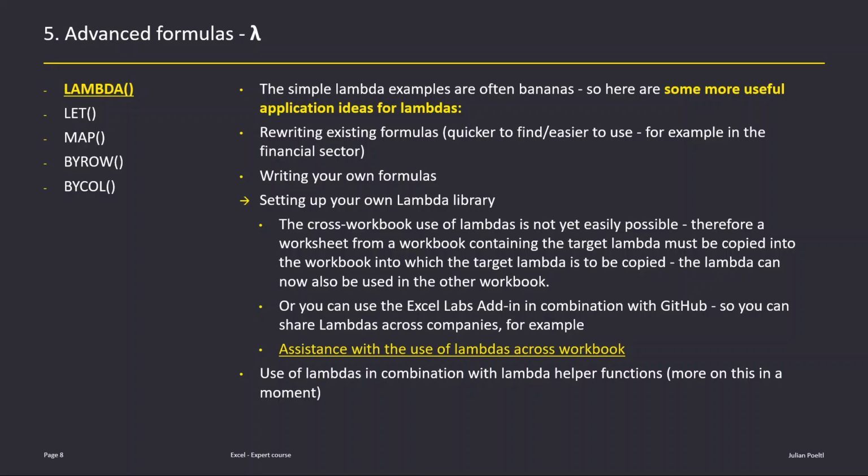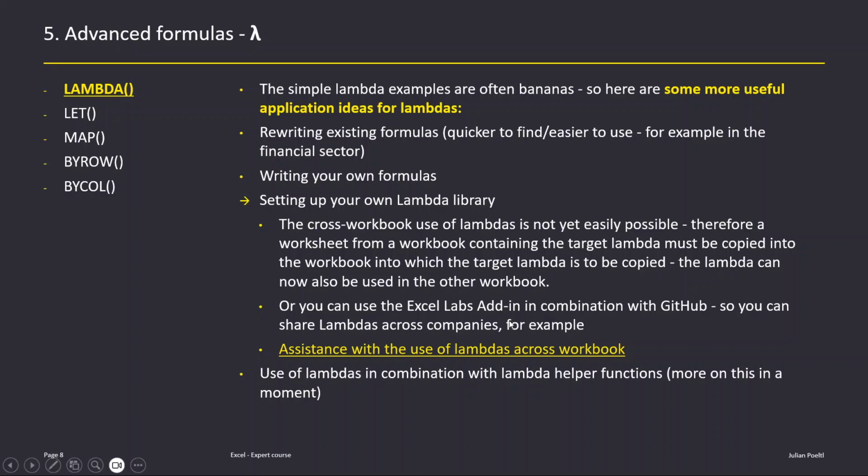But there isn't currently a thing to share them easily and to also have them available in your Excel every time. But I was told that the Excel product team is working on this, so possibly we will have a better solution for this.